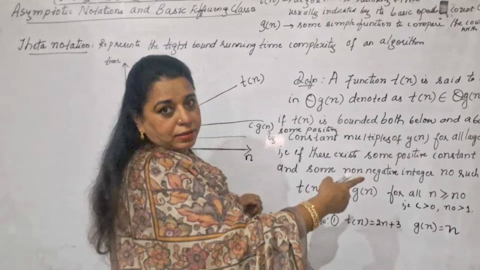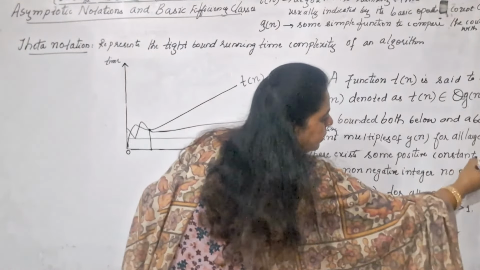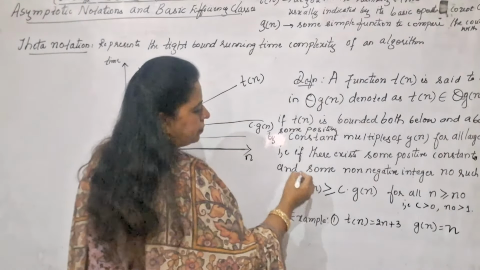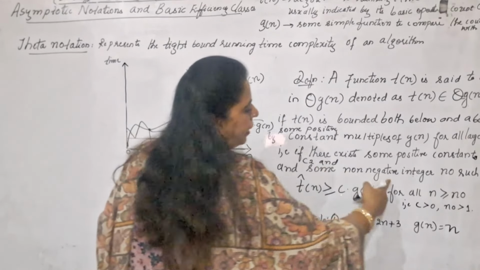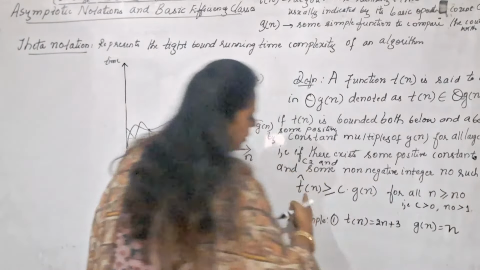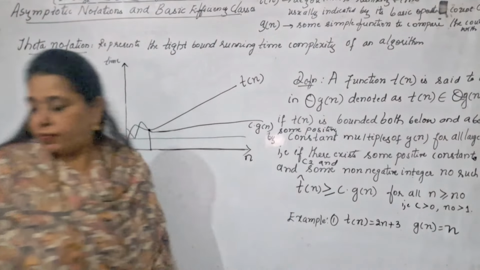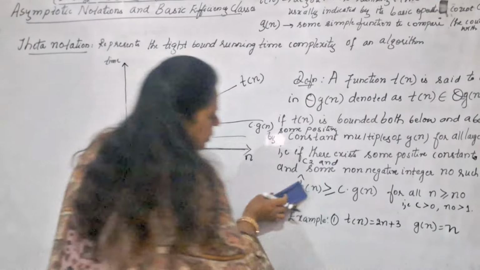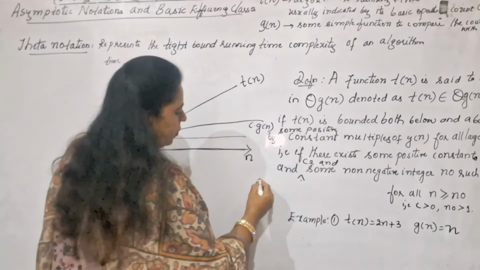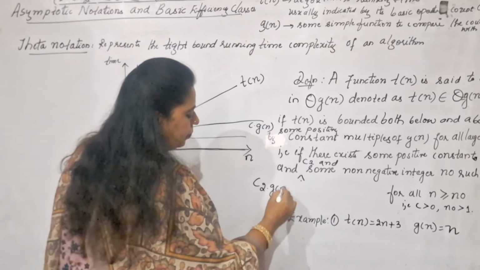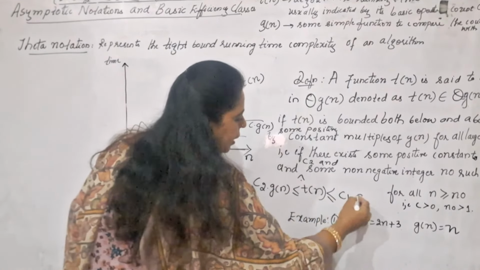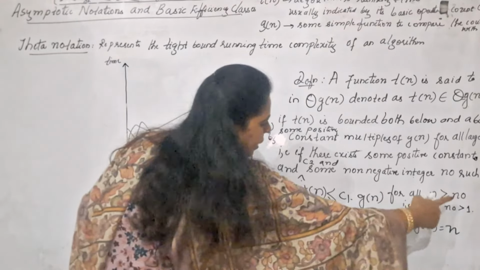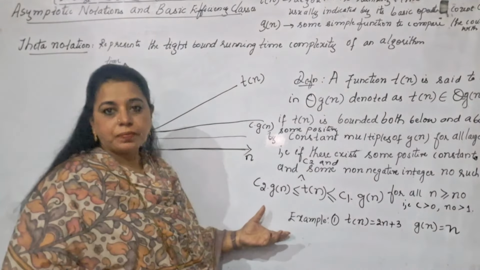That is, if there exist some positive constants c1 and c2 and some non-negative integer n0, such that, now how will you write this equation for theta? Because there are two constants, you have to write it like this: c2 into g of n less than or equal to t of n less than or equal to c1 into g of n for all n greater than or equal to n0.